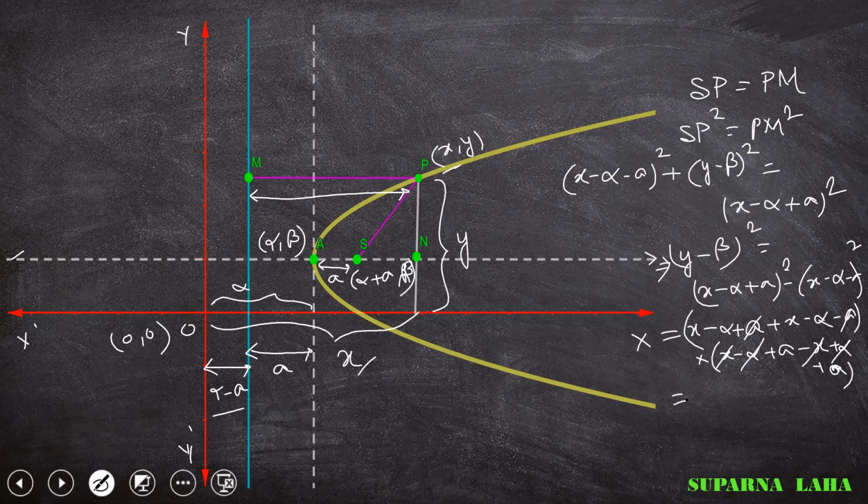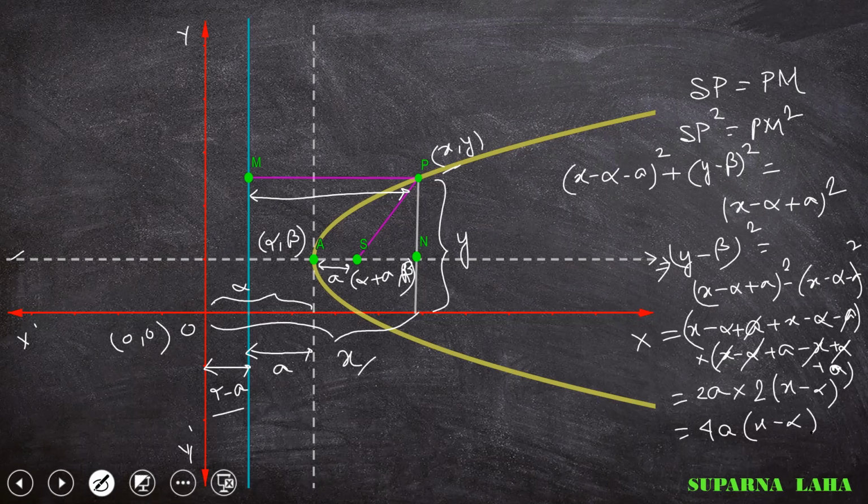So this thing we can write as 2a into 2 into x minus alpha. So ultimately 4a into x minus alpha.